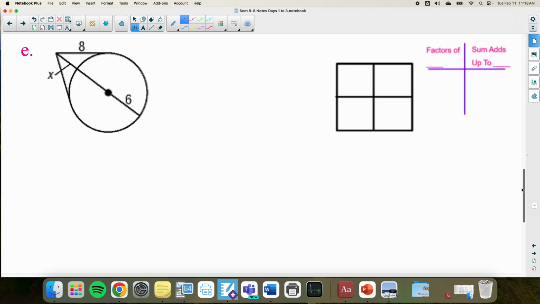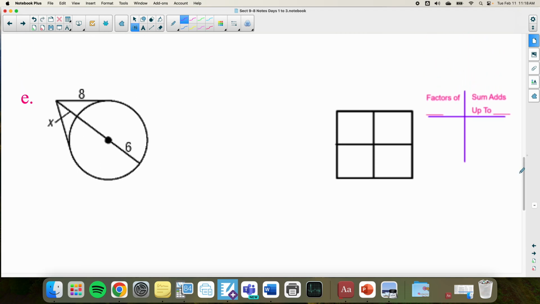Then, if we look at this last one, again, this right here is not important, okay? So in this one, we're going to take the tangent and square it. Then we take the outside part, which is x, times, if this is 6, do you think this is 6?